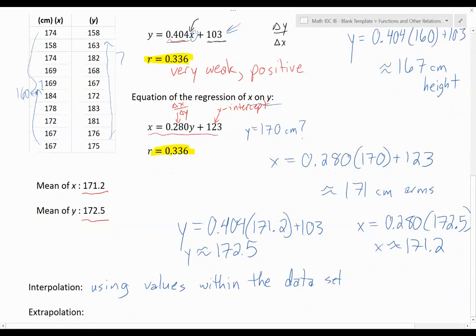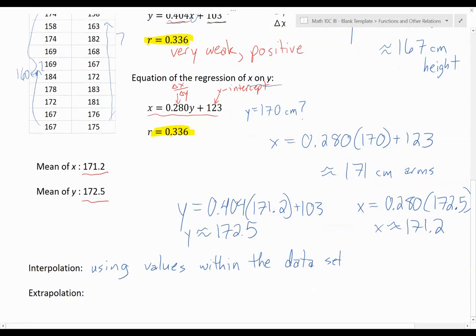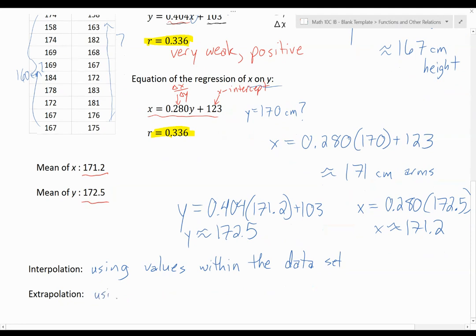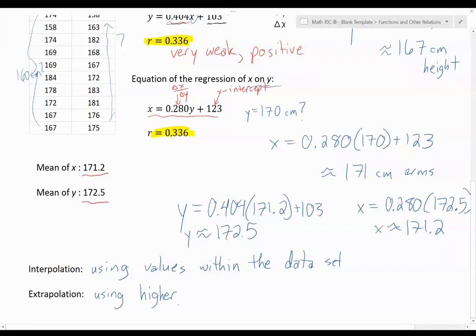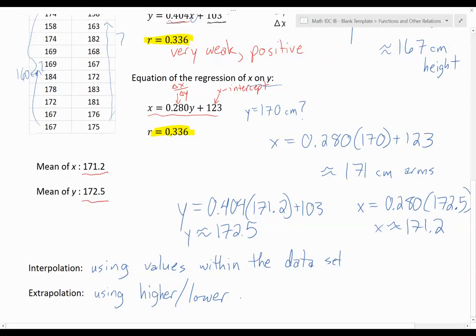Interpolation is a little more valid. It's assuming that for values that are close to the values I already have, this equation is going to be reasonably good at predicting. Extrapolation is using values that are higher or lower. And that's essentially what I was doing when I was talking about the x and y intercepts.